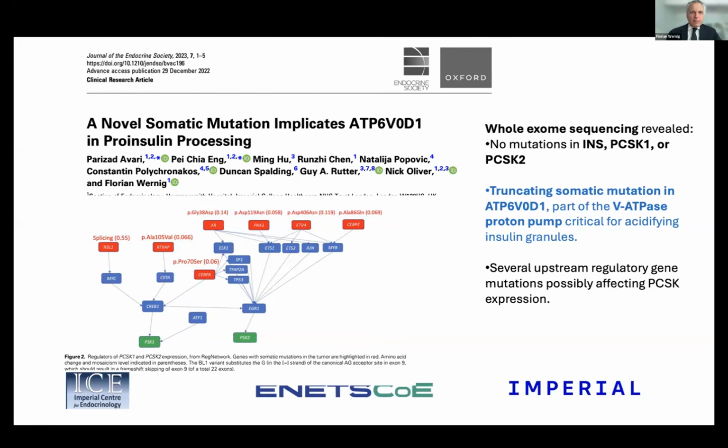So whilst we cannot say 100% that this mutation we found was pathogenic, it could provide a possible explanation why this patient had elevated proinsulin levels with fully suppressed insulin. It just highlights the importance of measuring other hormones such as proinsulin or IGF-2 if insulin levels are suppressed, and otherwise these patients would have been misdiagnosed.